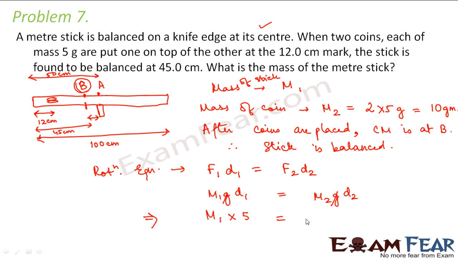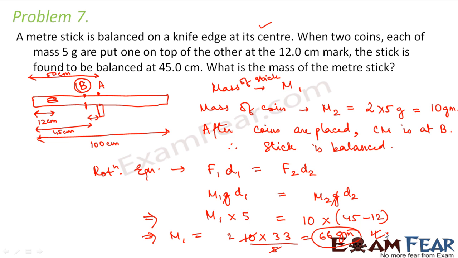This is equal to M2, which is 10 grams, into D2. The distance of the coins from point B will be 45 minus 12. Therefore, M1 will be equal to 10 into 33 divided by 5, which is equal to 66 grams. So this would be the mass of the meter stick.